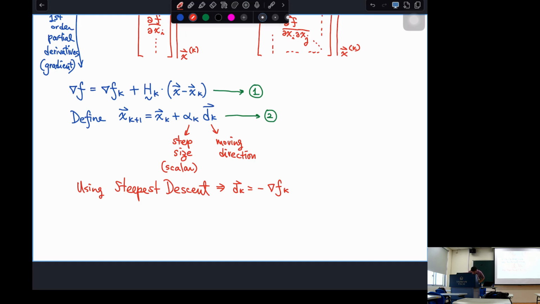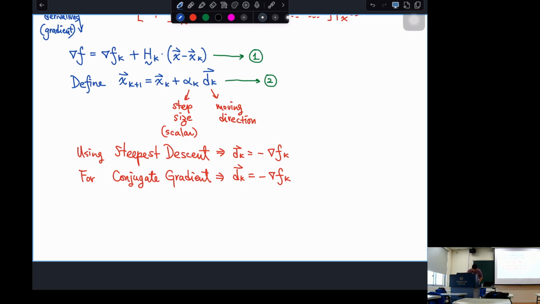But for conjugate gradient, we are going to introduce something new. So this is newly introduced: also negative gradient k, but with some additional terms. The new terms are plus beta k minus 1 and d k minus 1.